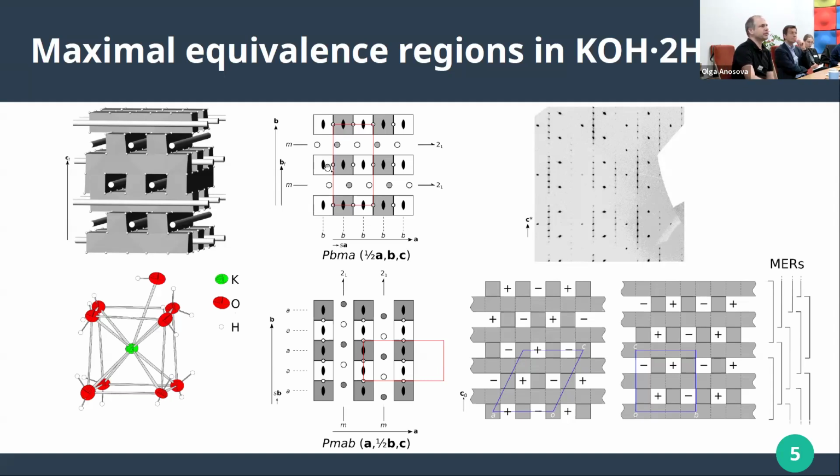Now we're looking down the z direction. So a is right, b is up, right? So that is one layer, and the squares are basically the cubes. And these hydroxides are represented by circles, basically.